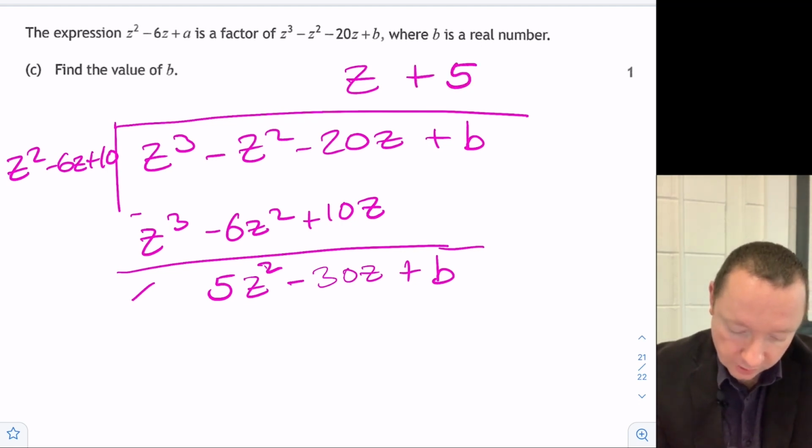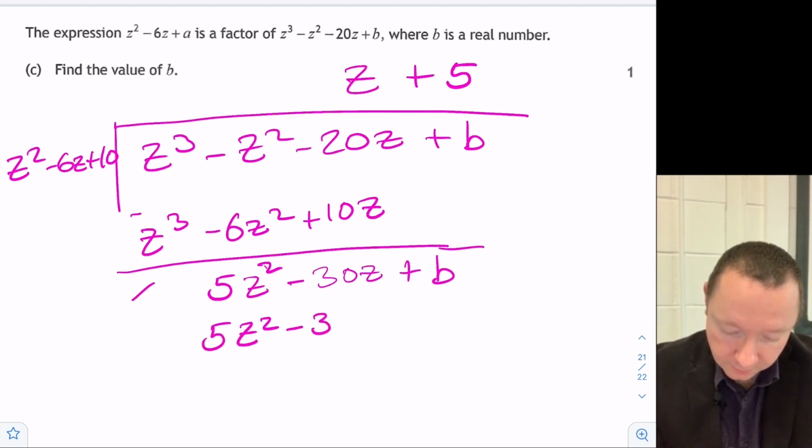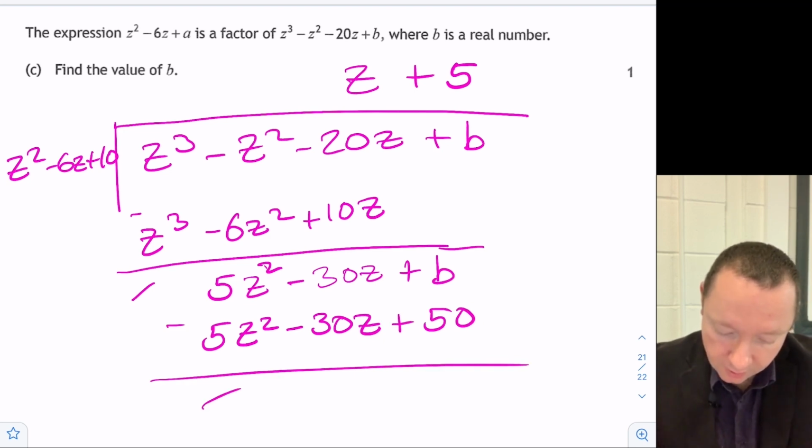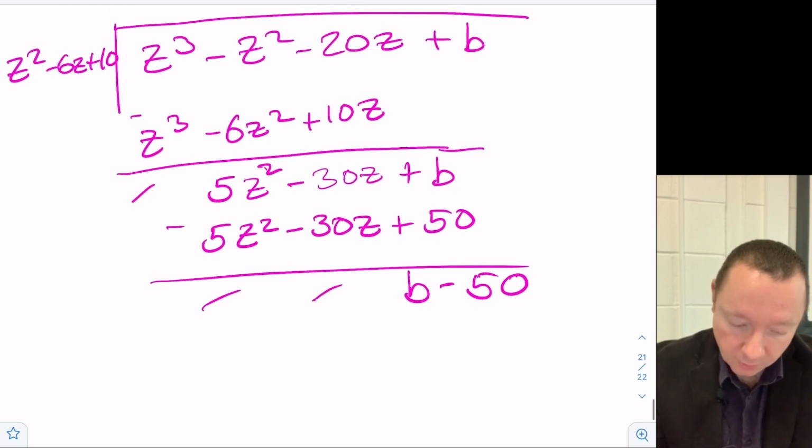So that gives us 5z squared minus 30z plus 50. Take them away then. That's nothing. That's nothing. And that gives us b take away 50. But remember, z squared minus 6z plus 10 is a factor.